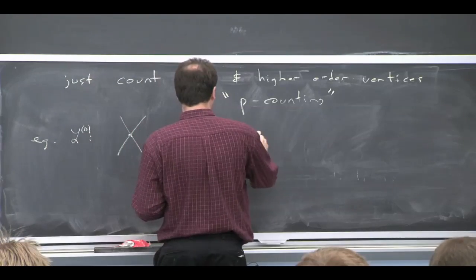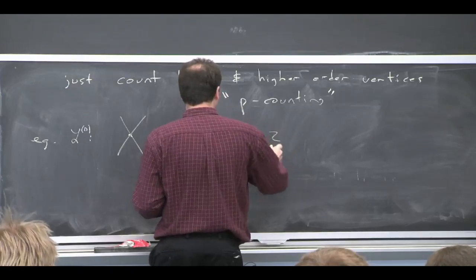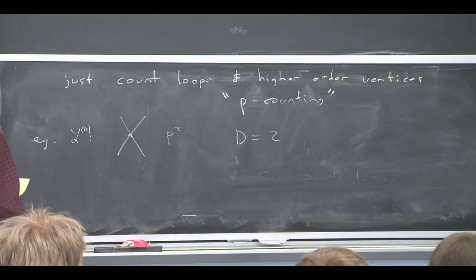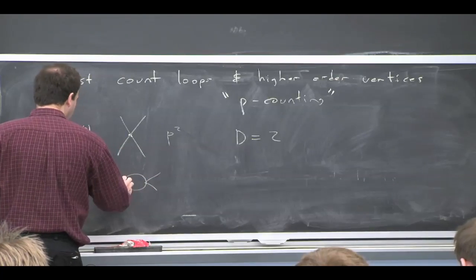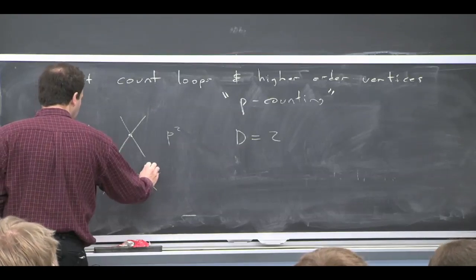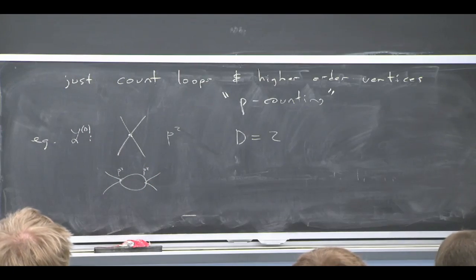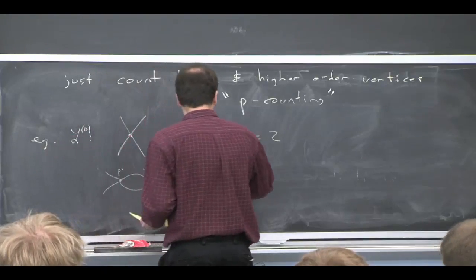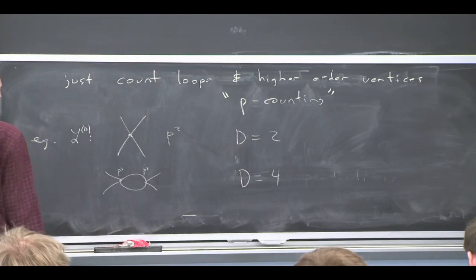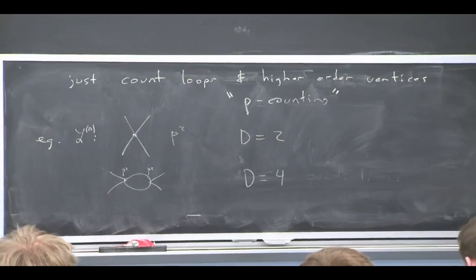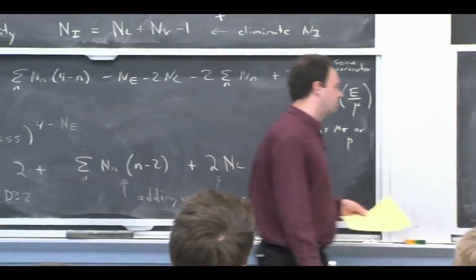And that, in our formula, is just the fact that d is 2 for that. When we thought about this loop, with leading order Lagrangians, which are scaling like p squared, we ended up having d equals 4. And the way that comes out of the formula is because of this loop term, which is 1.